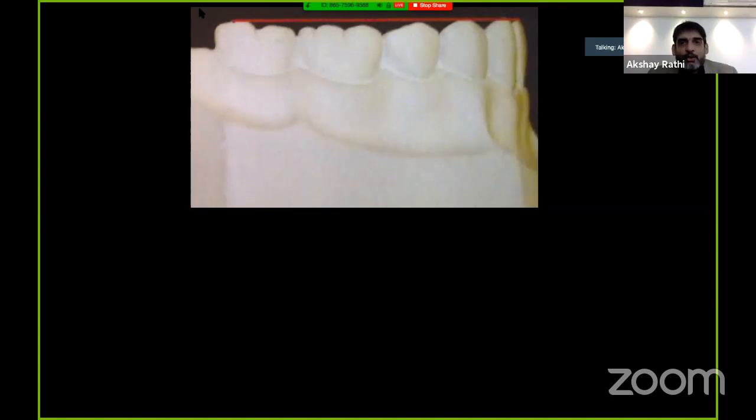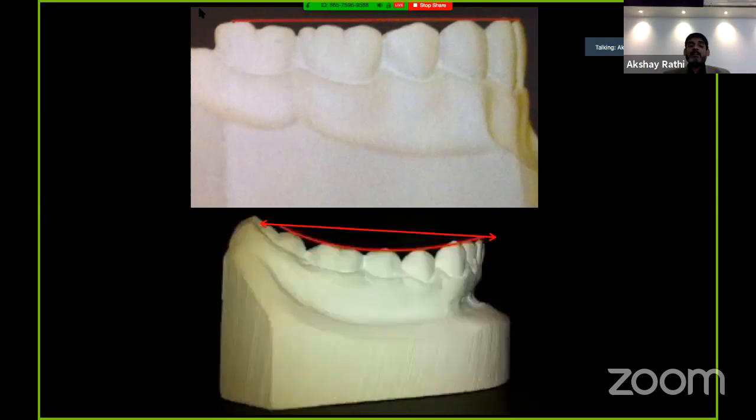Now let me ask you the question: how will you clinically observe a deep curve of Spee, or what clinical condition will your patient present with if the curve of Spee is increased? So let me have your typewritten answer, and let me have the convener speak to me on this.